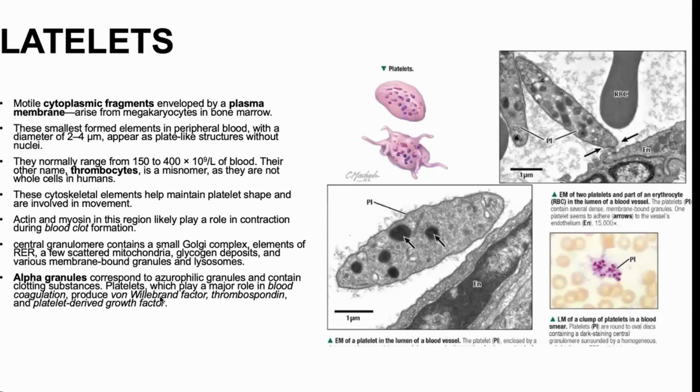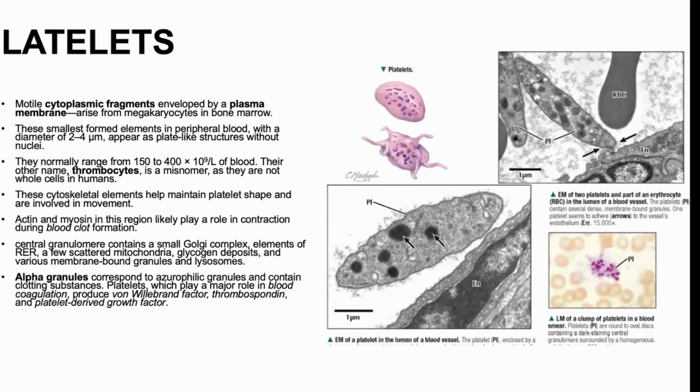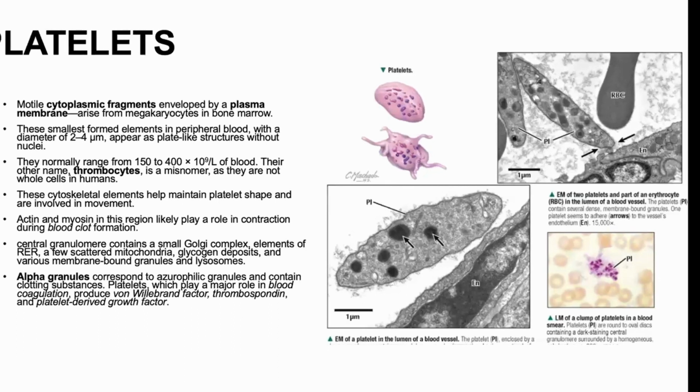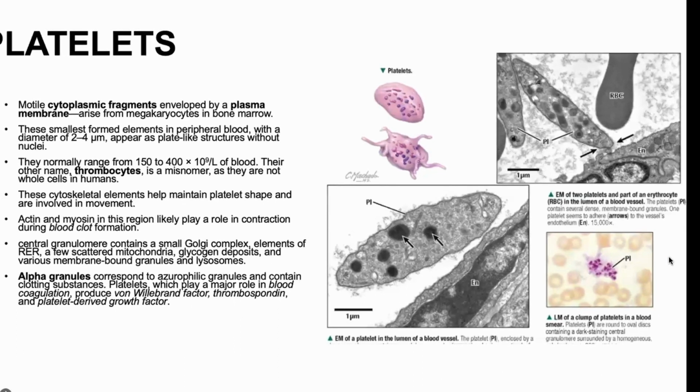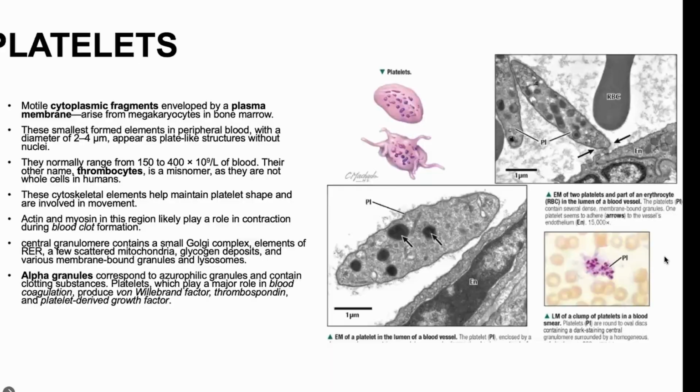The von Willebrand factor is made by the endothelial cells, but once the platelets aggregate, you have von Willebrand factors that are produced, thrombospondin and platelet-derived factors, and you have different pathways that are activated in order for clotting to take place. And sometimes if you have, for example, a deficiency in certain clotting factors, you end up with a bleeding disorder, called hemophilia, and you have different types of bleeding disorders.